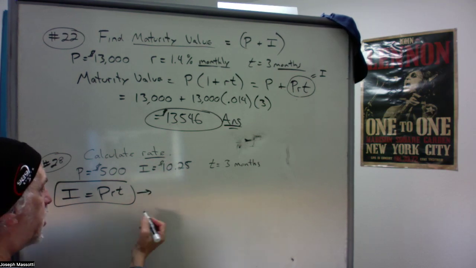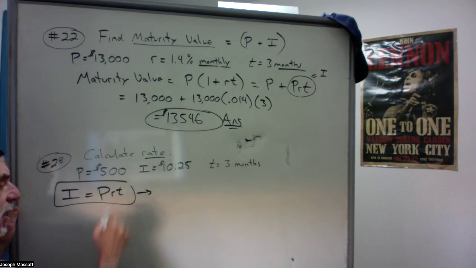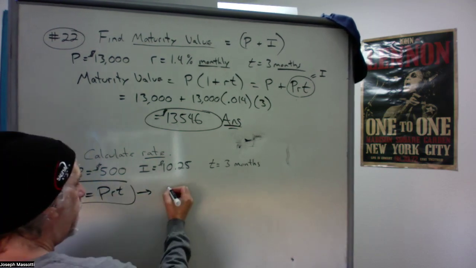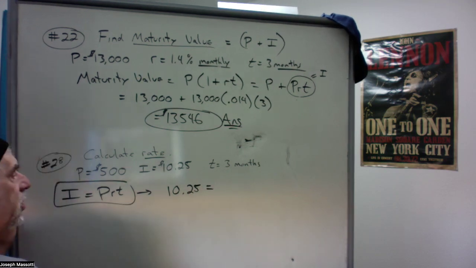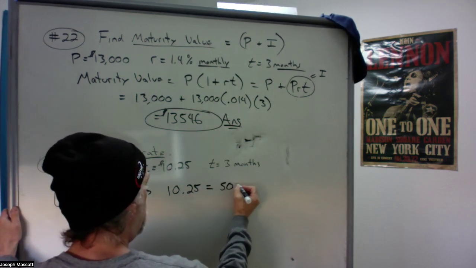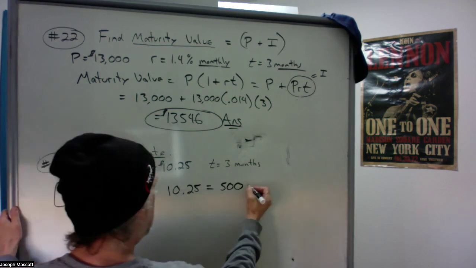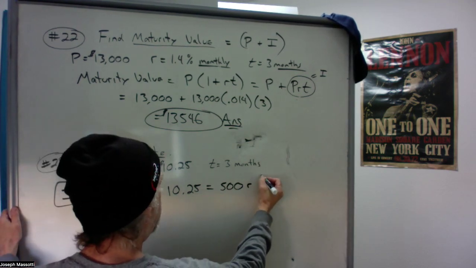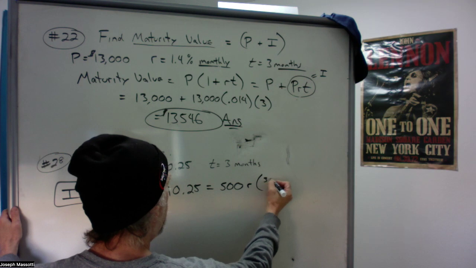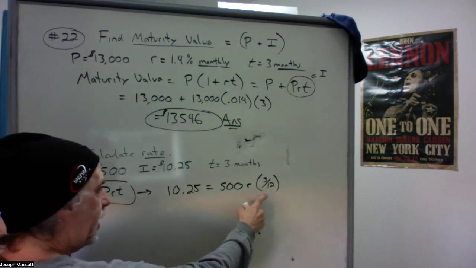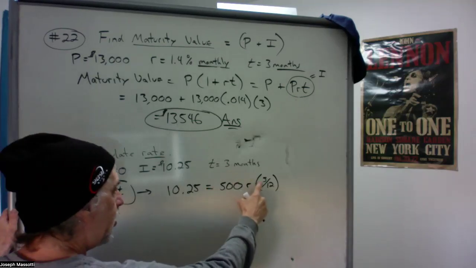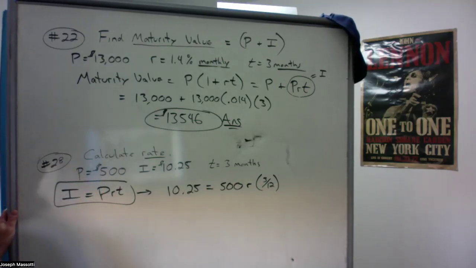So here we're just going to plug these values into this simple interest formula and say the interest equals the principal times the rate, which is what we're looking for, and the time here is going to be 3 over 12. Simple interest, again, based on a year, 3 months, 3 out of 12 months. That's going to be the time period.